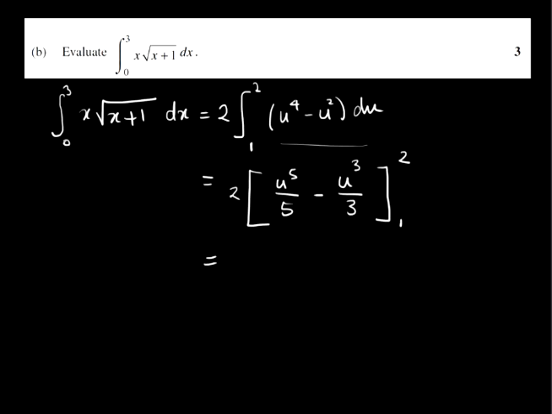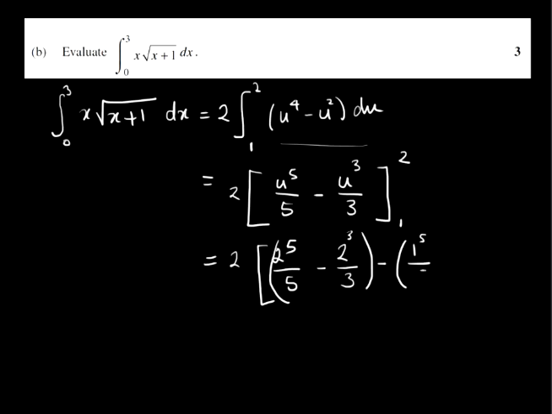Okay, so that equals 2 times [(2 to the power of 5 over 5 minus 2 to the power of 3 over 3) in brackets minus (1 to the power of 5 on 5 minus 1 to the power of 3 on 3)], close bracket, close square bracket.